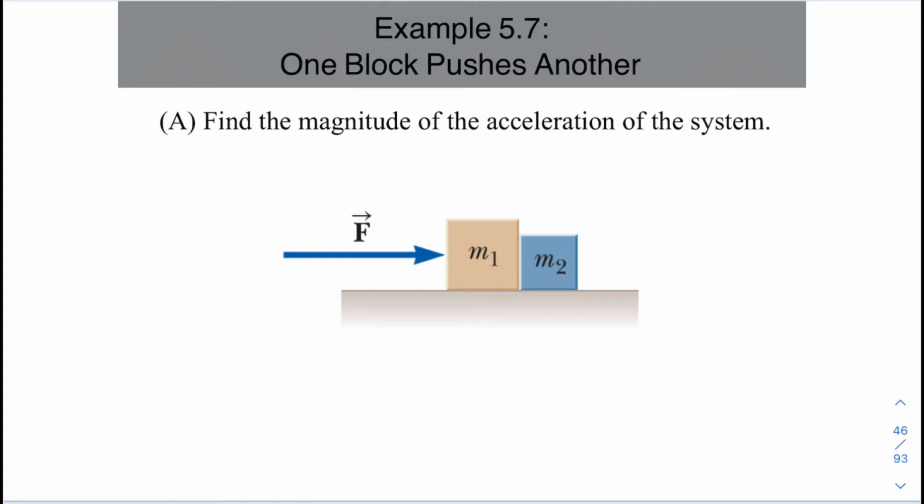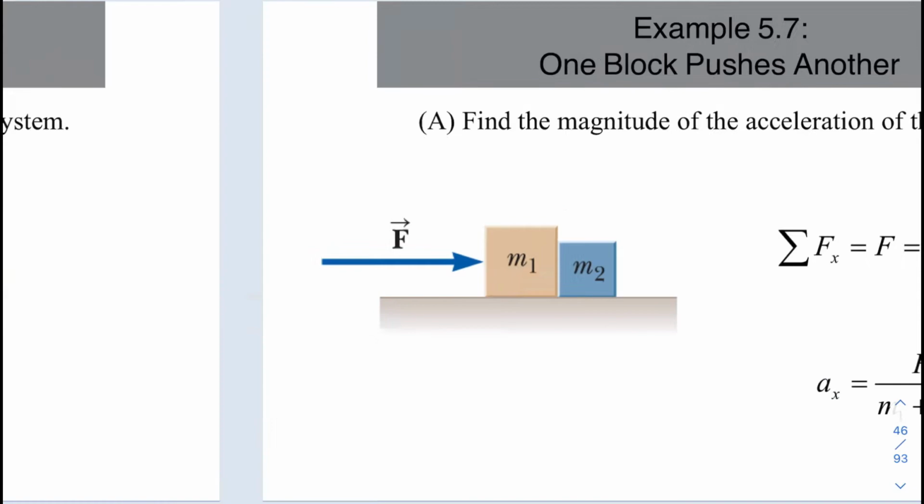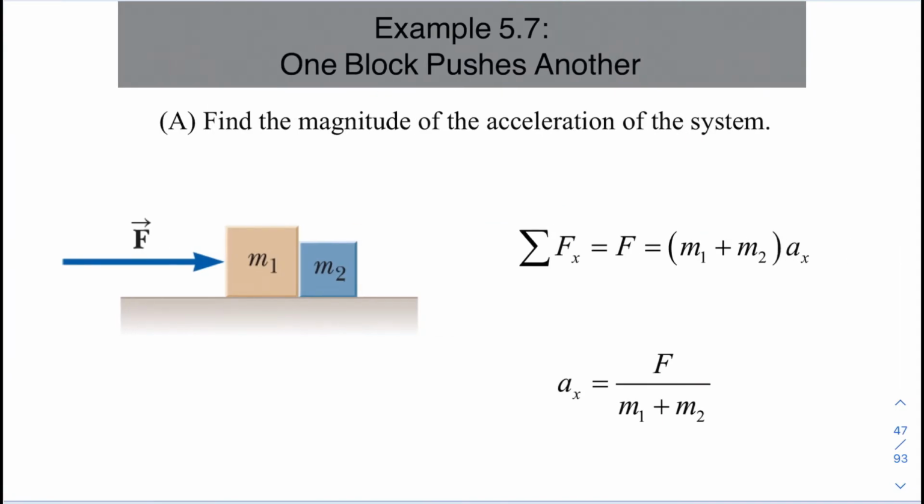So we can predict that the whole system is going to move in this direction with a certain amount of acceleration. Bear in mind the one that has direct contact with the applied F is M1. If we want the acceleration, we can treat these two blocks as a system.